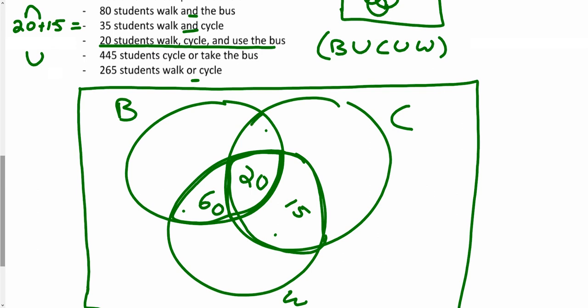So again, that's and. So that goes here. So this has to be 80, because 80 plus 20 gives you the 100. All right, cool. Now let's look at some other information.